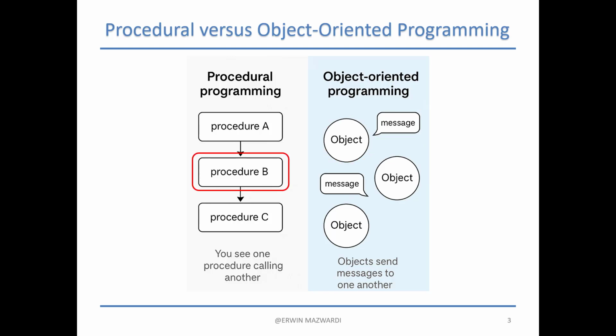In object-oriented, what actually happens during runtime, objects sending messages to each other, that's not something that you can easily see. What you see actually is a bunch of class hierarchies, and that can be a little abstract.